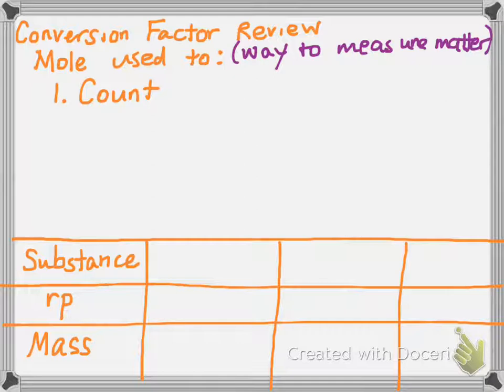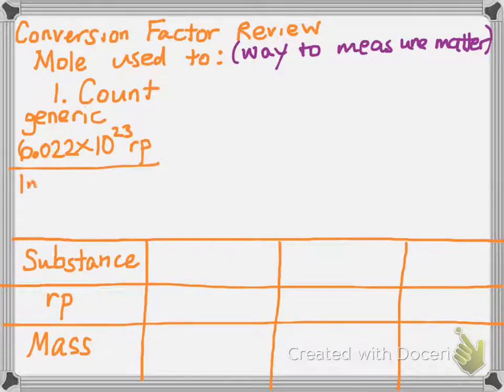Our generic count conversion factor, which you probably don't have on your toolkit, is 6.022 times 10 to the 23rd representative particles over 1 mole of substance.